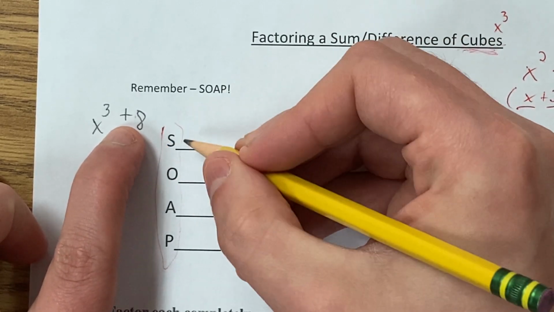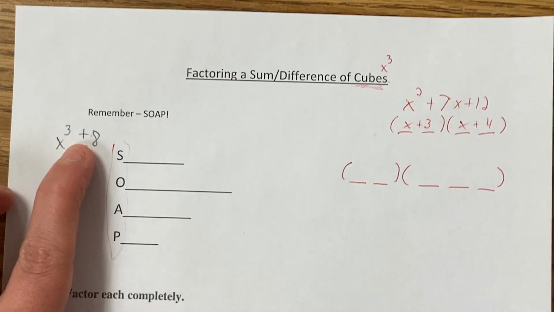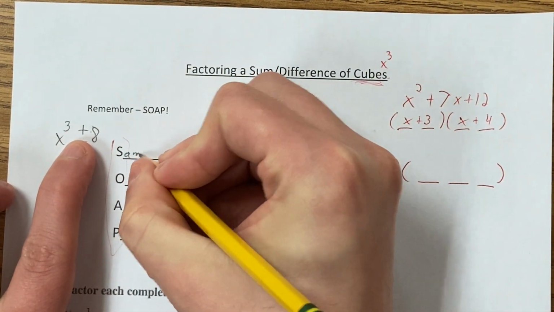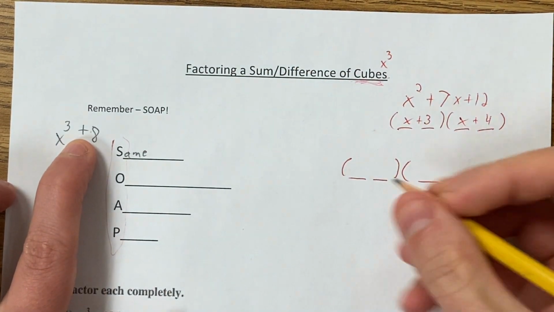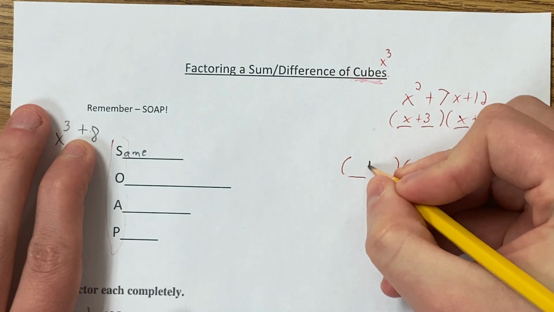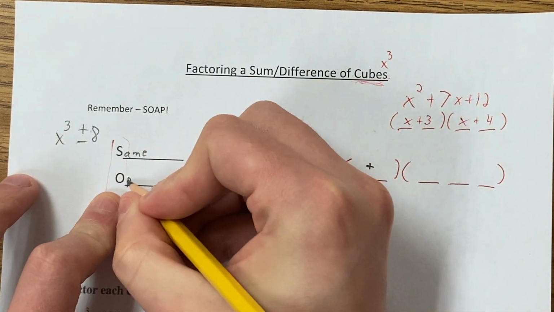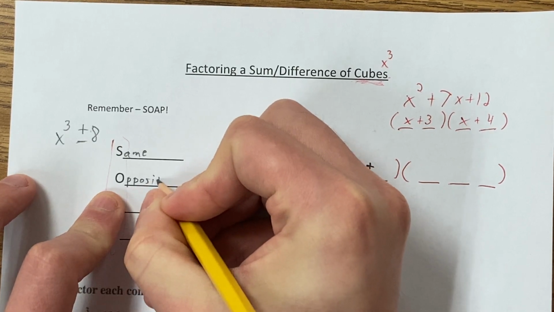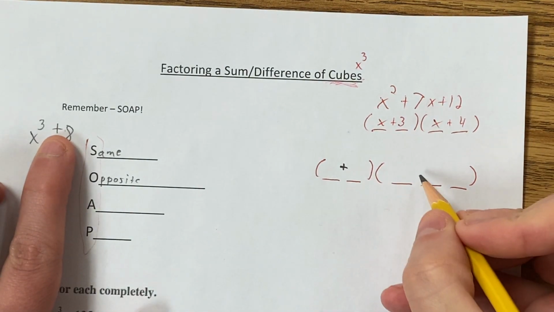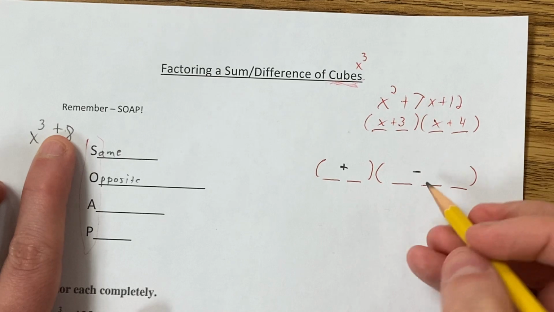What the S stands for is that in your answer, the first thing is going to be the same sign. So if it was a plus, then the same thing would be a plus over here. The O stands for opposite. So if this was a plus in the original problem, that means the next sign would be a minus, because the opposite of a plus is a minus.